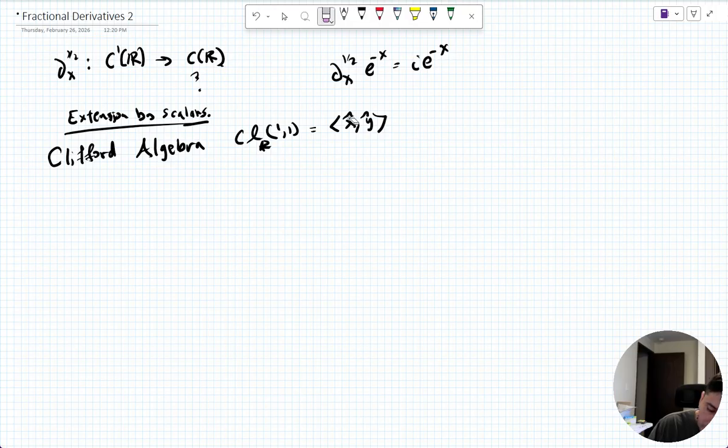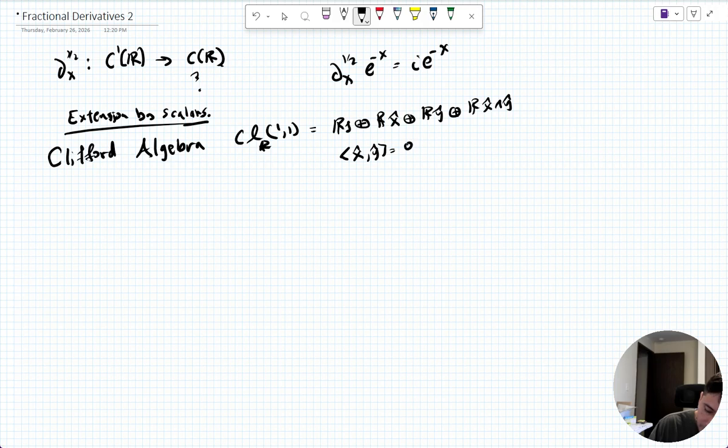It's generated by 1 plus a vector x on the plane plus another vector y on the plane plus the wedge product of those two vectors, basically, where the inner product of x and y is equal to 0, right?